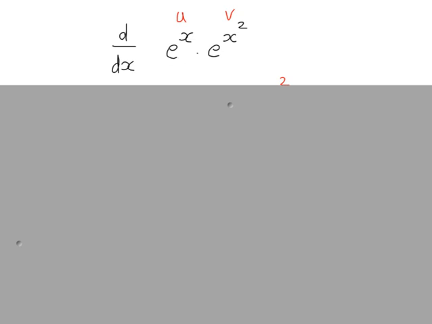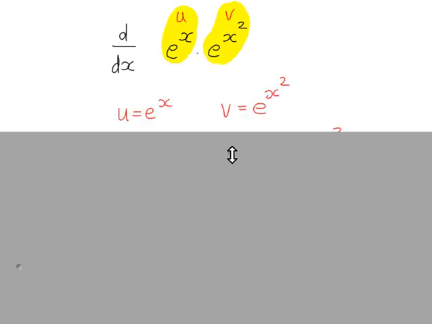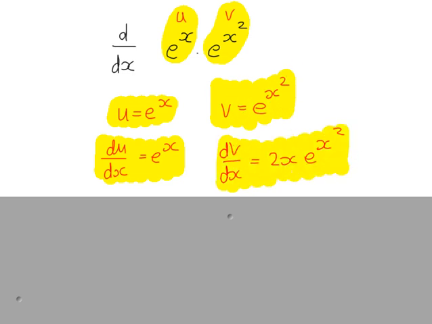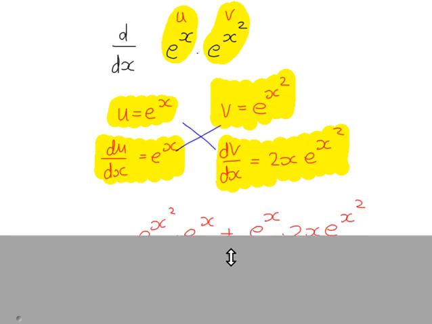So you've got the function u there and the function v here. Differentiating u, so du by dx is e to the x. Differentiating function v, so dv by dx is 2x times e to the x squared. And then you're just cross multiplying to give this.